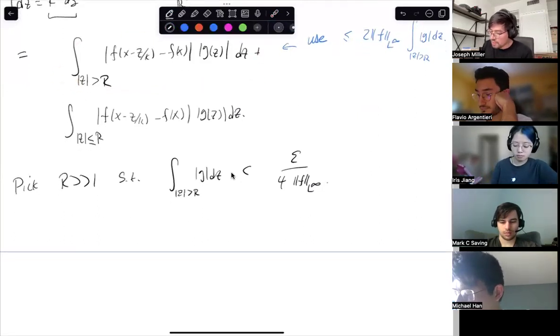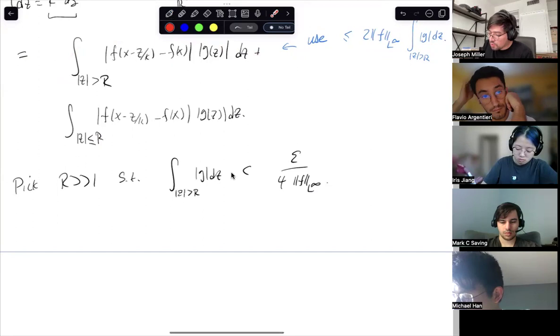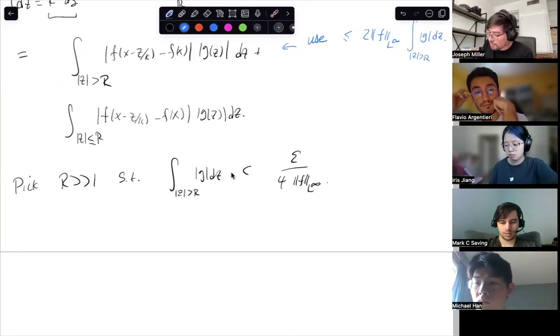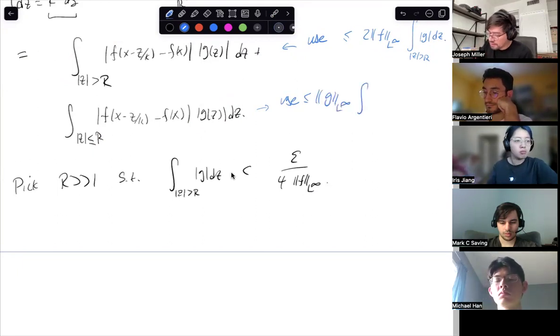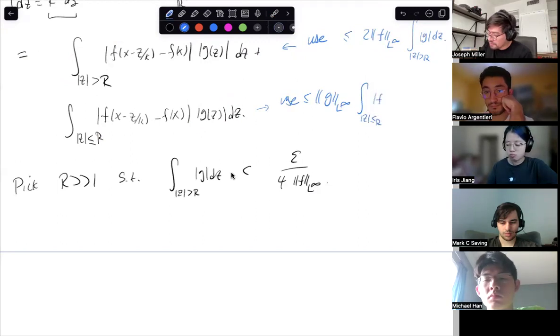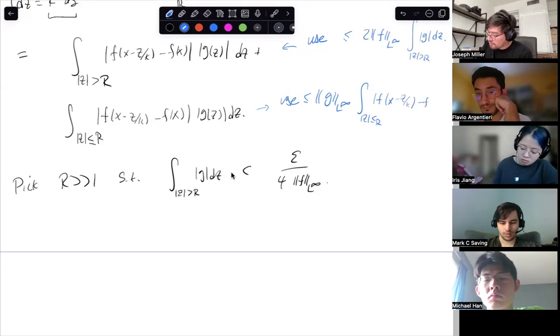Okay. Once I do that, I now fix this r, right? I've made this term small, and I want to use that g is bounded here. So here I need to use this, and this guy is going to be z less than or equal to r still of this difference, f of x minus z over k minus f of x, dz.